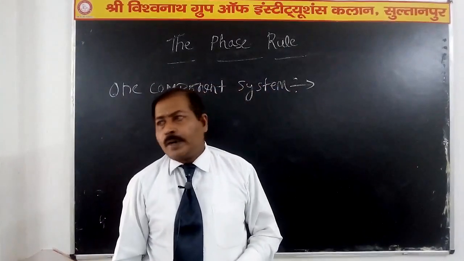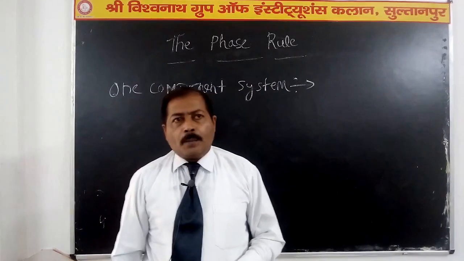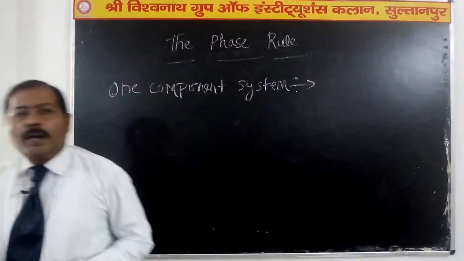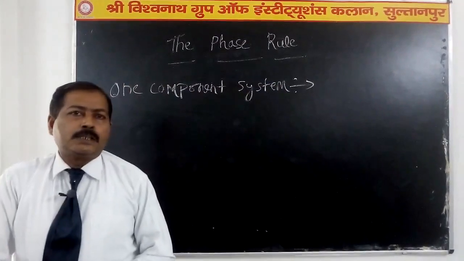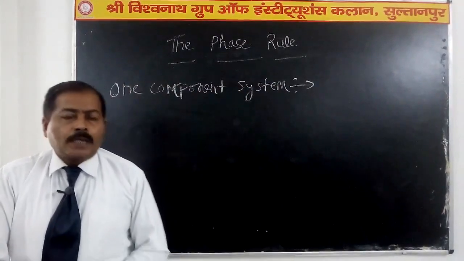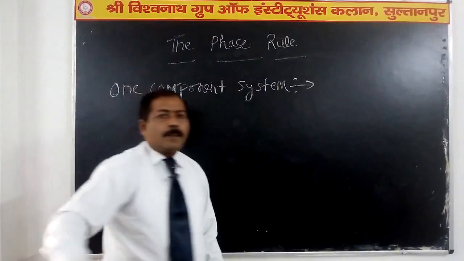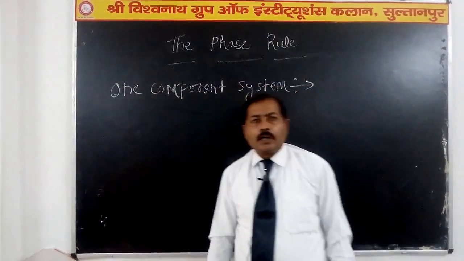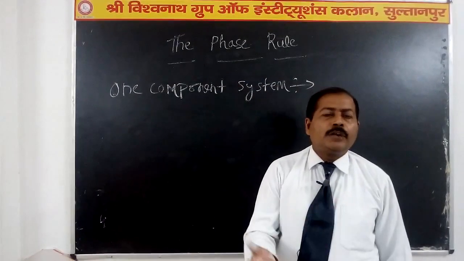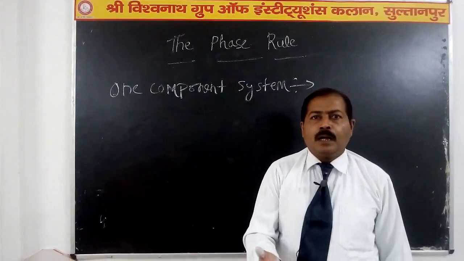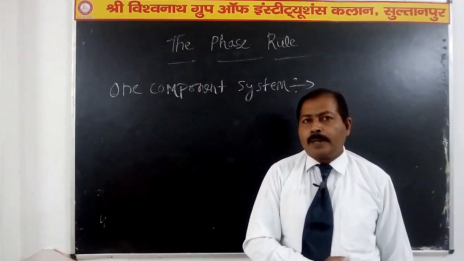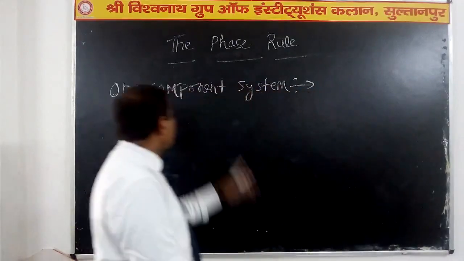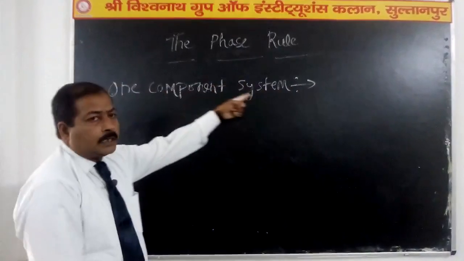The common examples of the one component system, as you know, are the water system and the sulfur system. The water system has three phases, namely the solid ice, the liquid water and the water vapor. These three different phases are described by the single formula H2O, and hence the water system is said to be an example of one component system.